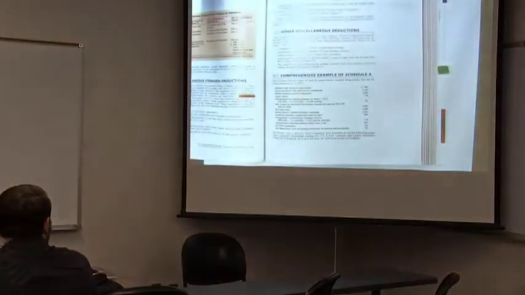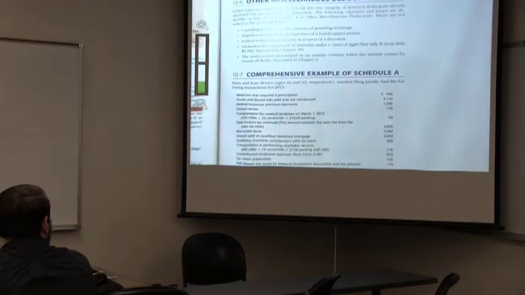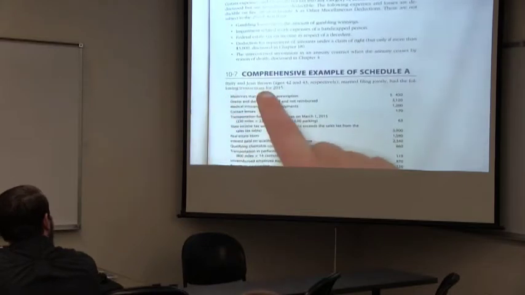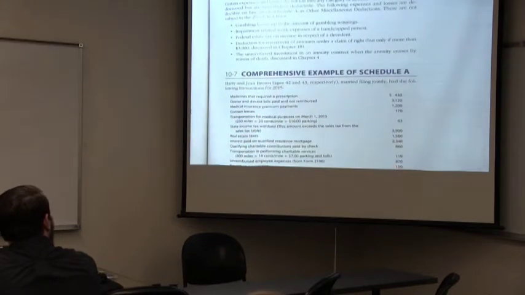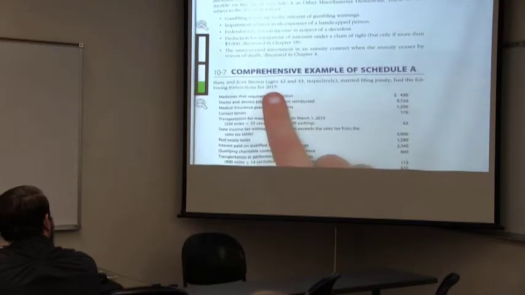Okay. So let's take a look at this. Comprehensive example of Schedule A. These taxpayers, Harry and Jean Brown, are married filing jointly. These are their transactions in 2015.